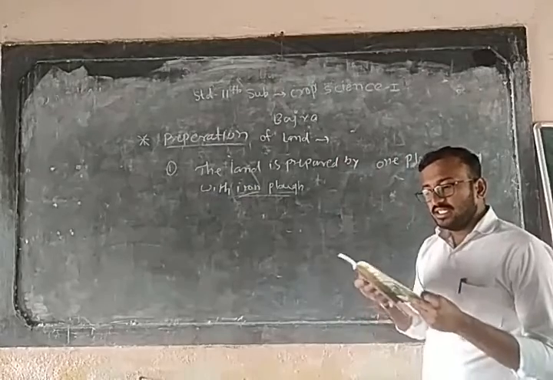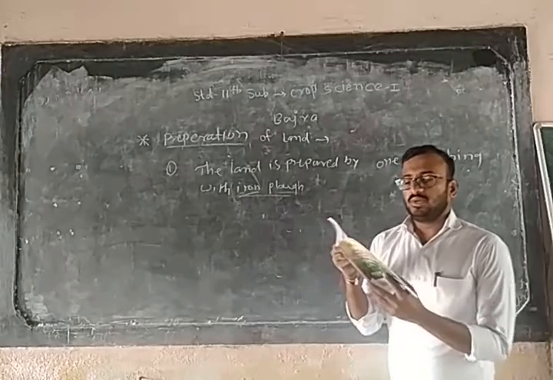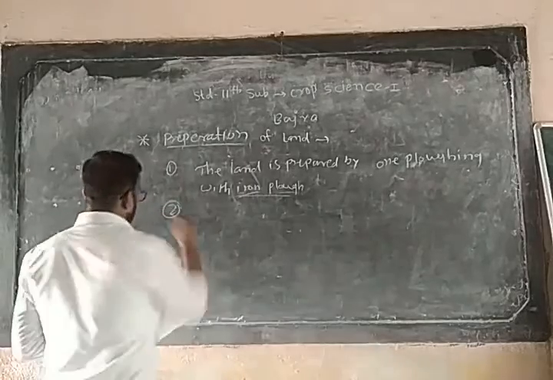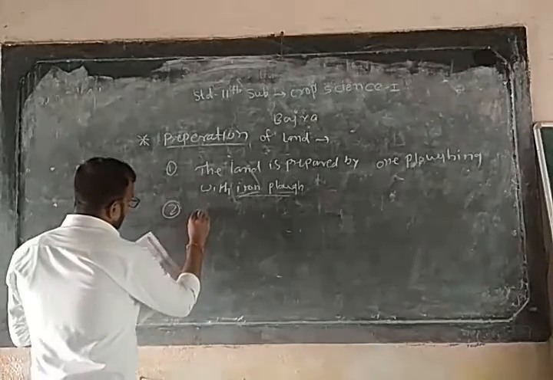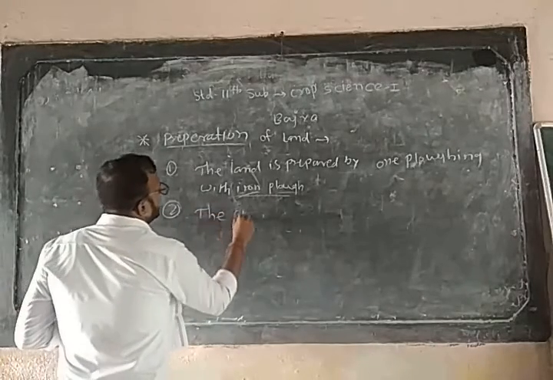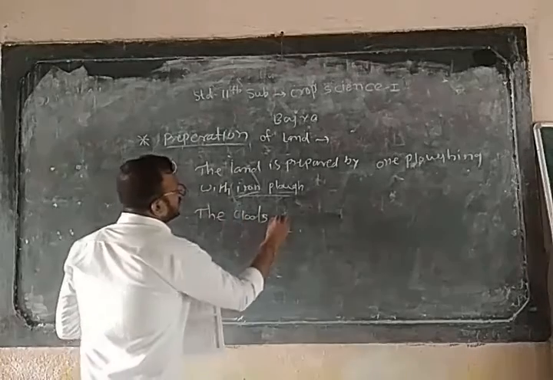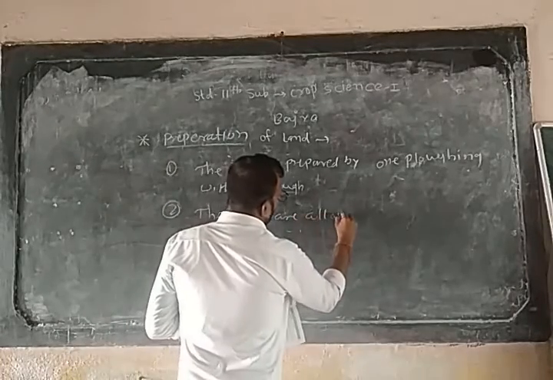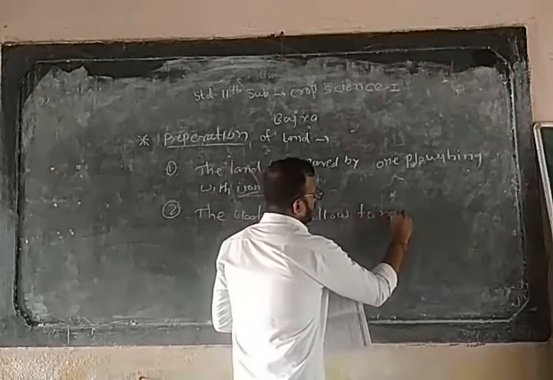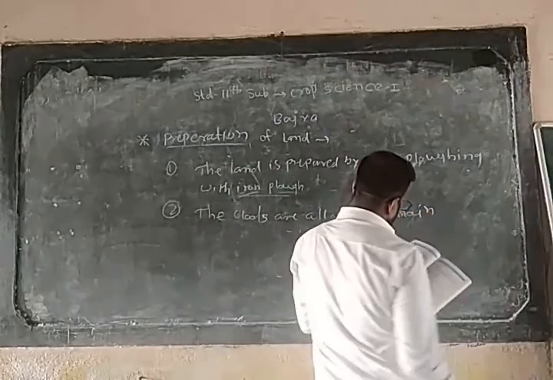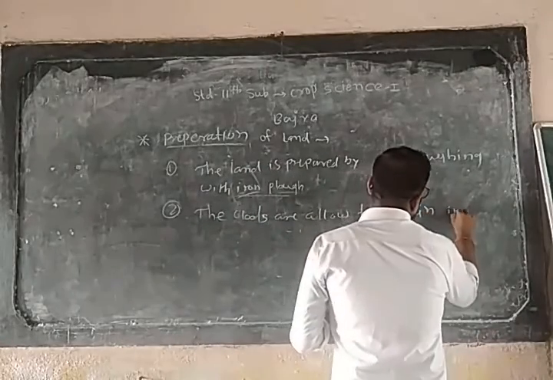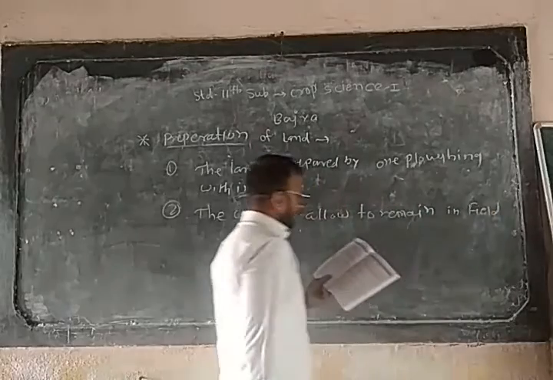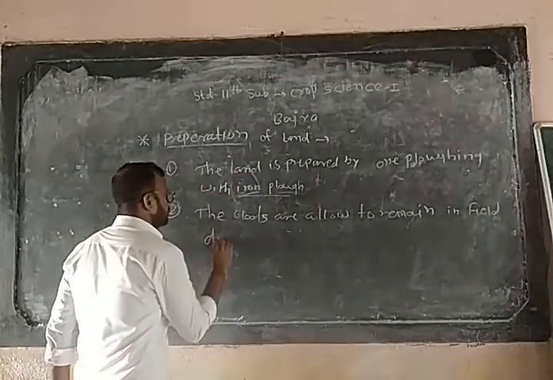Okay. Next, the clods are allowed to remain in the field during summer months. Second point. What is the second point? The clods are allowed to remain in the field during summer months. कशासाठी ठेवले जातात बघा?